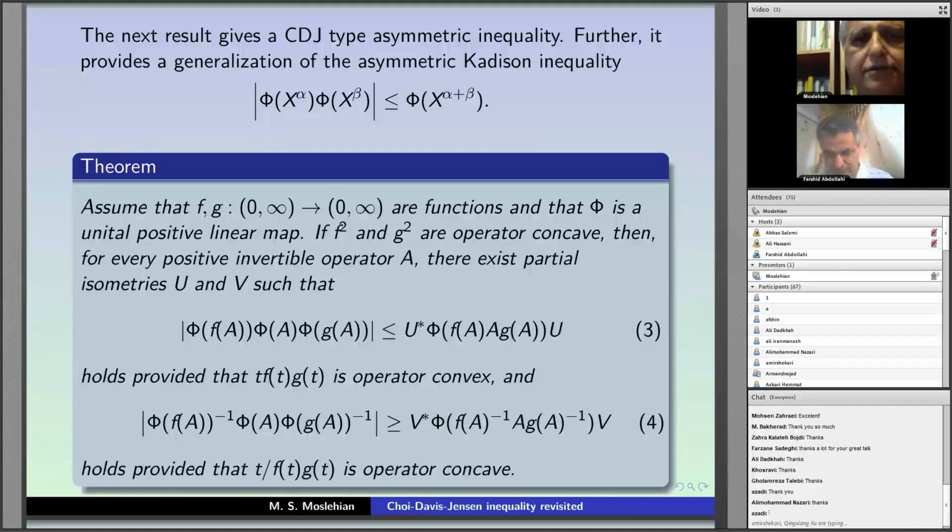So our inequalities, in fact, are generalizations of several inequalities in matrix theory. You can see in matrix theory all inequalities, for example, the Choi-Davis-Jensen inequality or Jensen inequality, have many applications in statistics and so on. Also other inequalities, Gauss inequality, Chebyshev inequality, have several applications in statistics, economics, and also quantum physics.